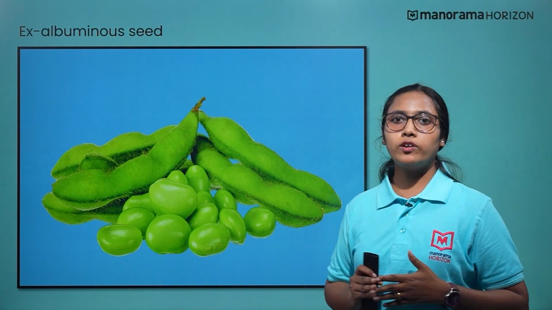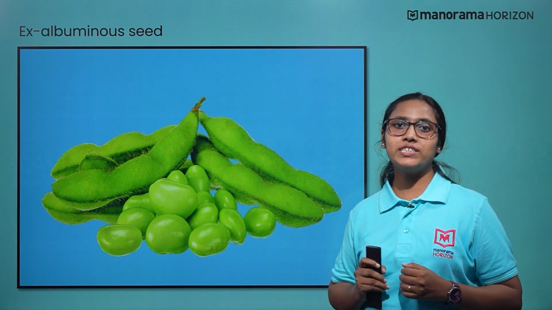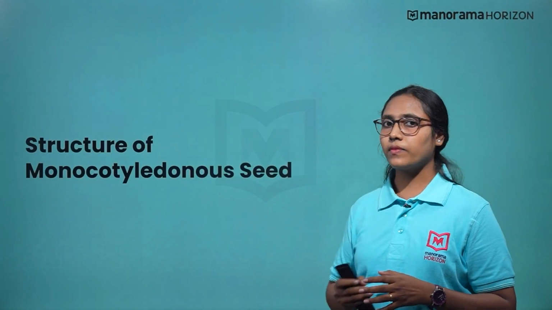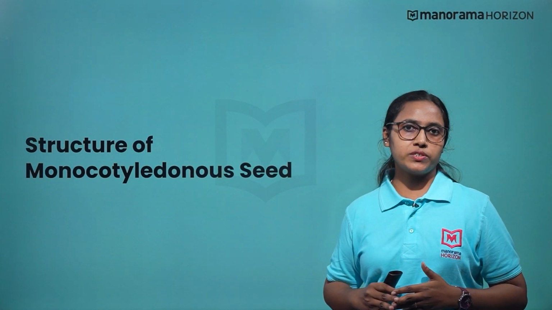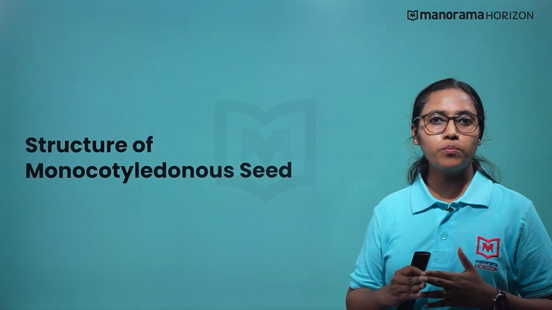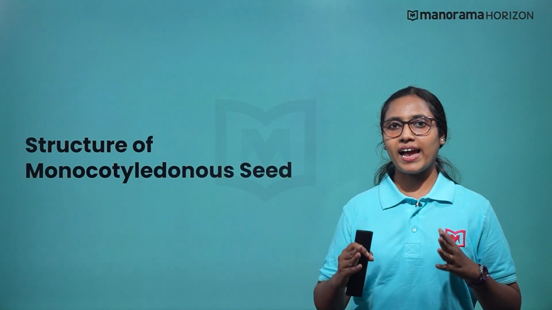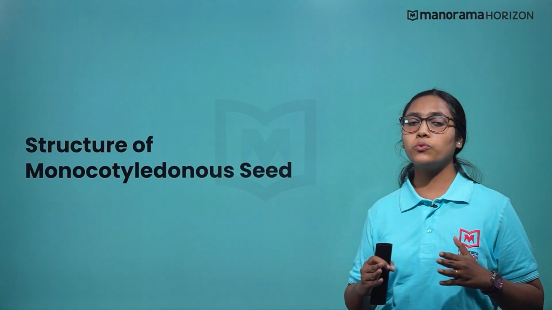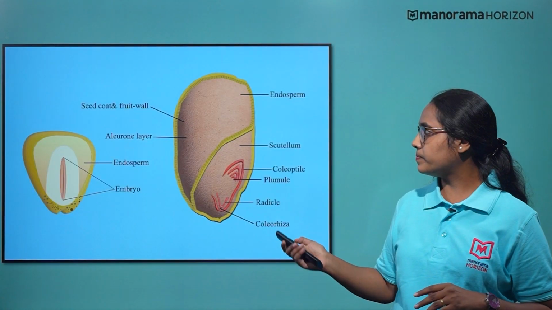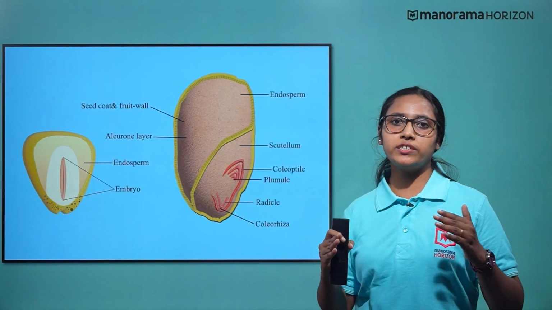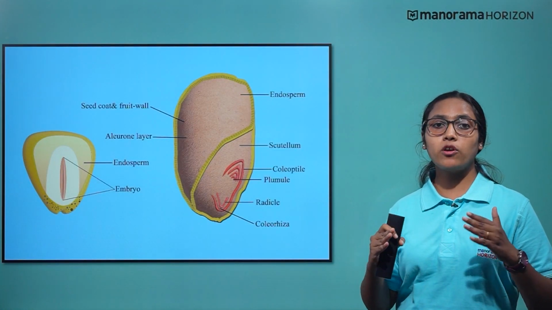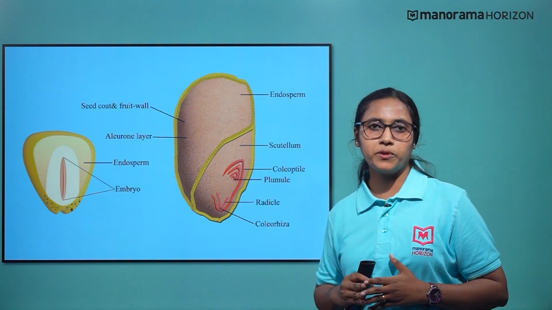Now let's move on to the structure of monocot seeds. As the name suggests, the number of cotyledons in a monocot is 1, and it is a large and shield-shaped structure known as the scutellum. The seeds are generally endospermic, but in orchids they are non-endospermic.